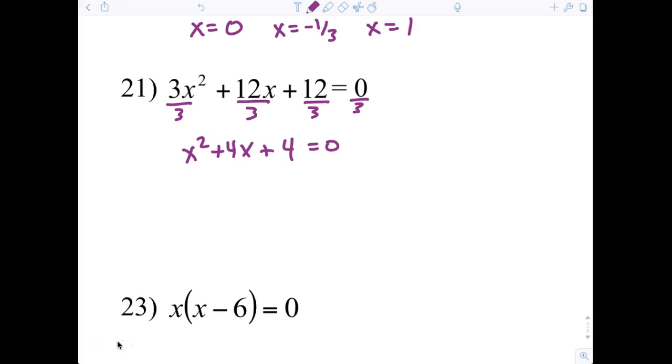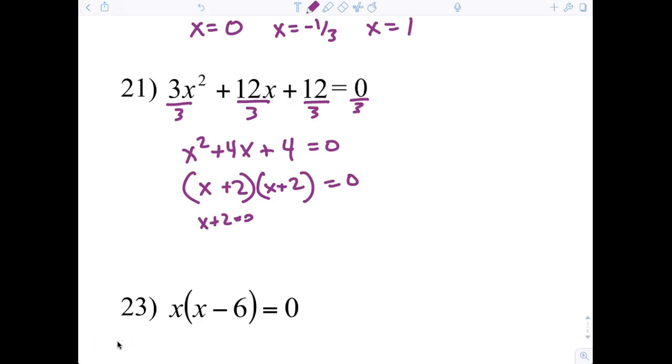And now what? Let's factor. Somebody tell me what that factors to. X and X. Good. And they're both positive. Very good. So now x plus 2 equals 0.